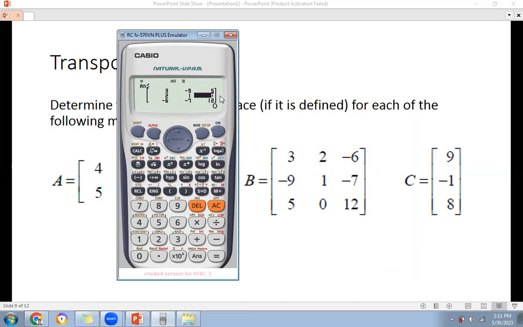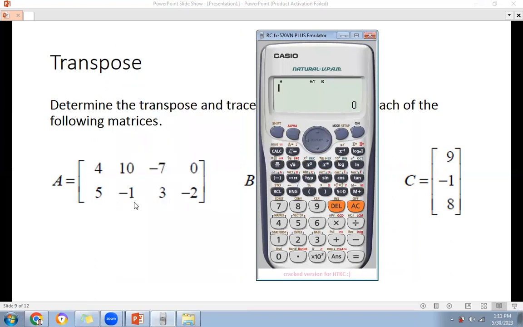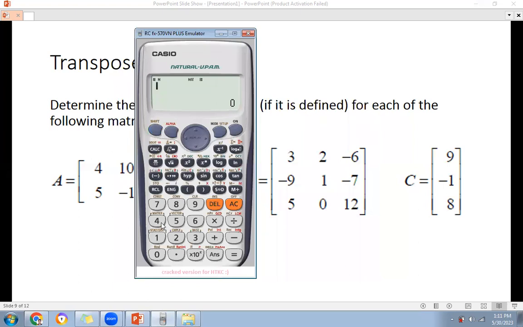Third column, 5, 0, 12, was originally the third row. Same thing goes for matrix A, but you can only do it manually since our calculator is limited to up to 3 rows and 3 columns.